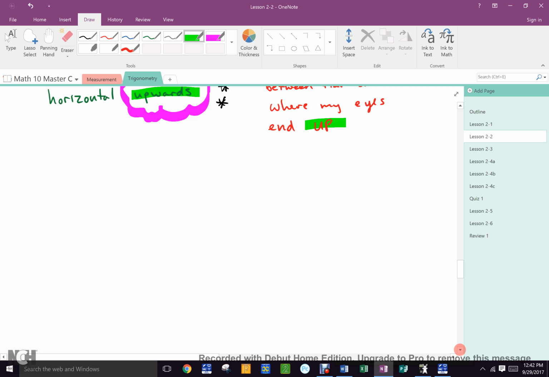Looking flat and down. So the other angle is called the angle of depression, or declination. And they have the same rules.